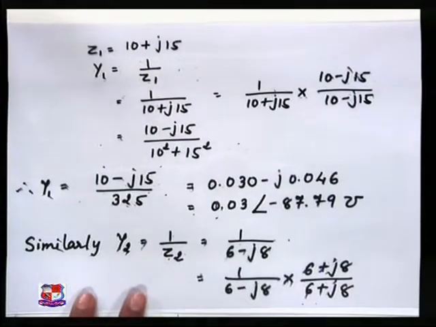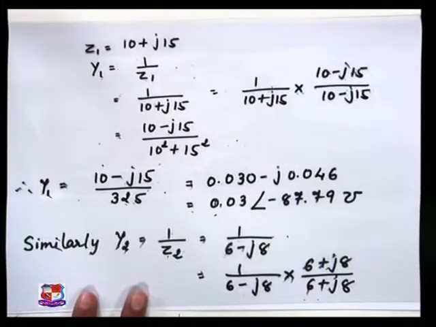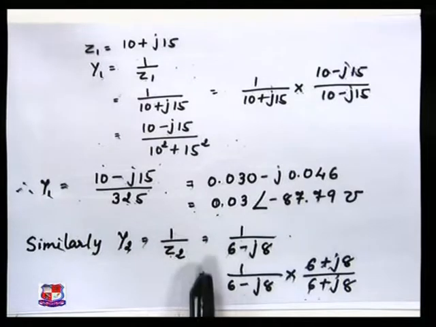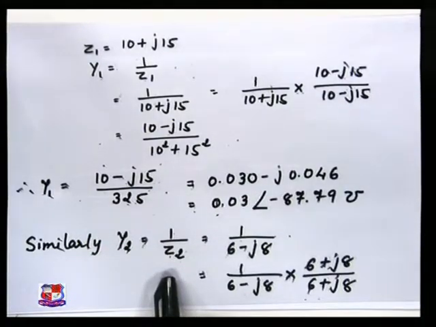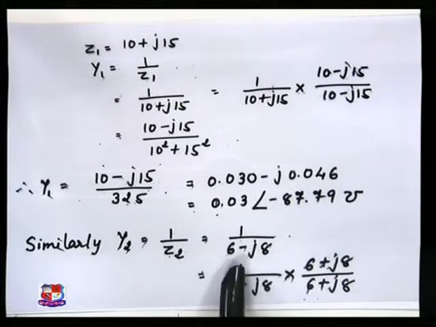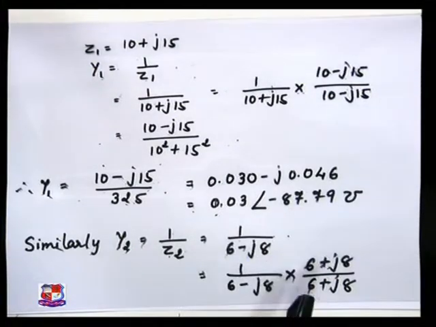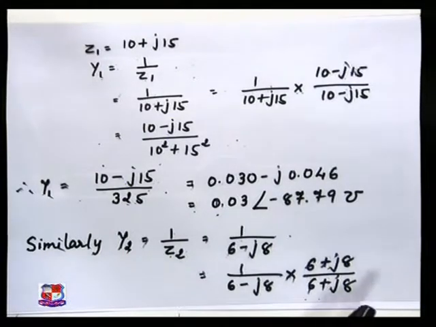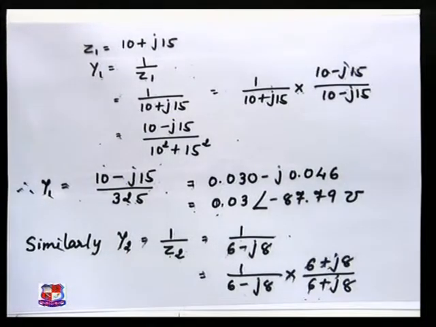Same way you have to find the value of Y2 for a second branch. So Y2 is equal to 1 divided by Z2, which is given, is equal to 1 upon 6 minus J8. Again multiply with the conjugate number. So it is 6 plus J8 upon 6 plus J8.